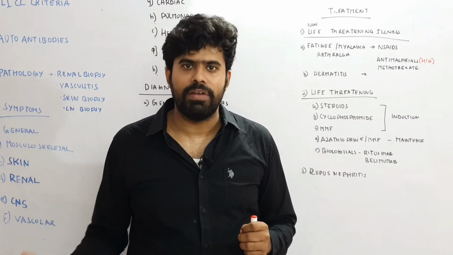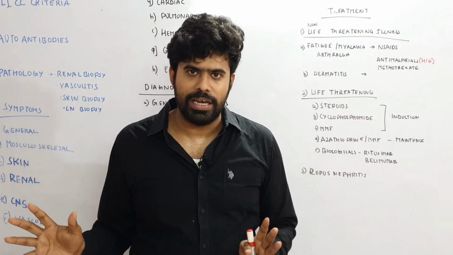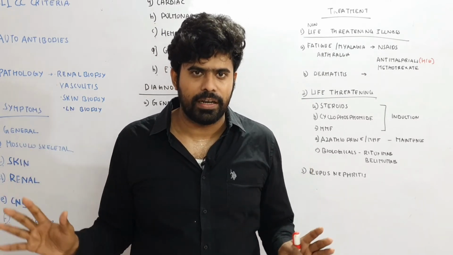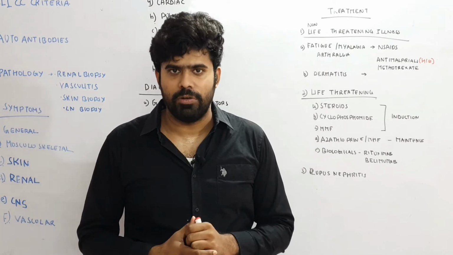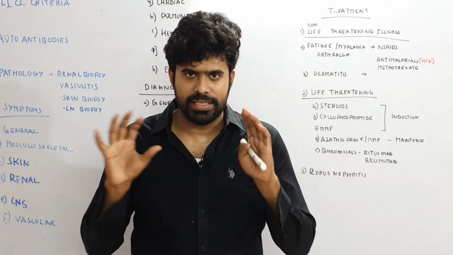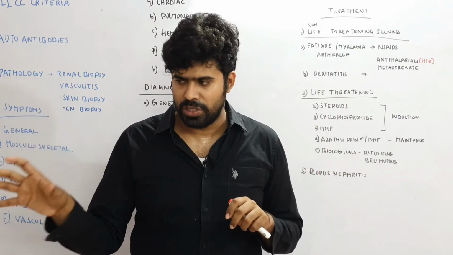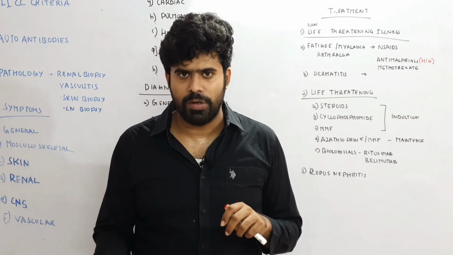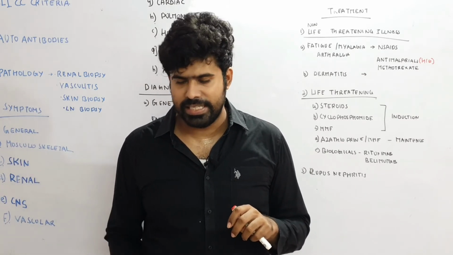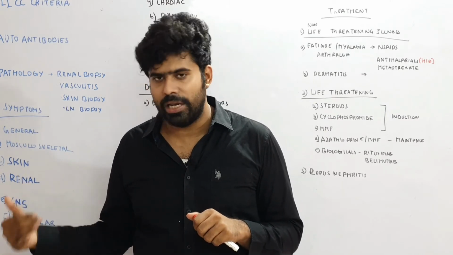If there is a poor activity of daily living, you have to go for steroids and belimumab. If there is good activity of daily living in a patient who has no life-threatening organ involvement, you have to go for conservative management. So, diagnose an SLE patient with serious organ involvement or without serious organ involvement. If there is no serious organ involvement, then with good activity of daily living, conservative management; with poor activity of daily living, steroids and belimumab.